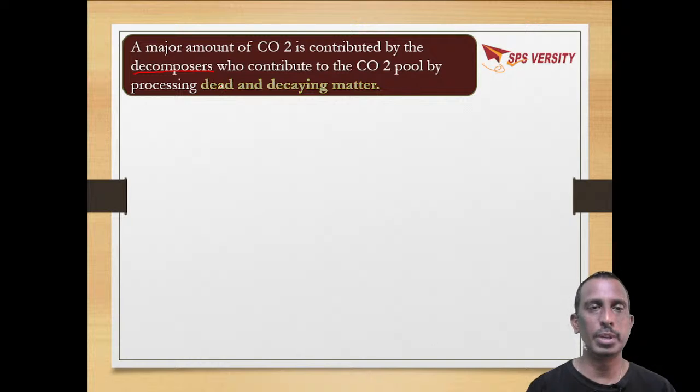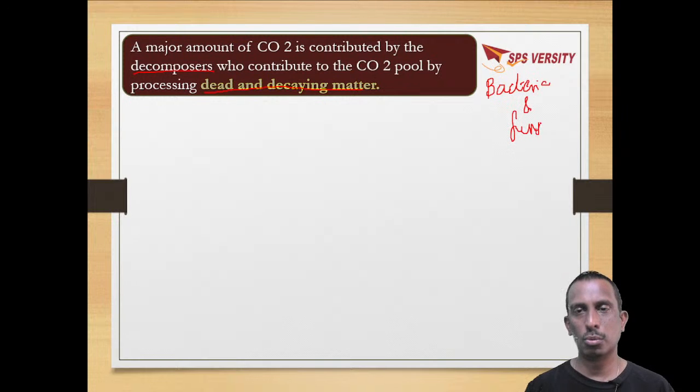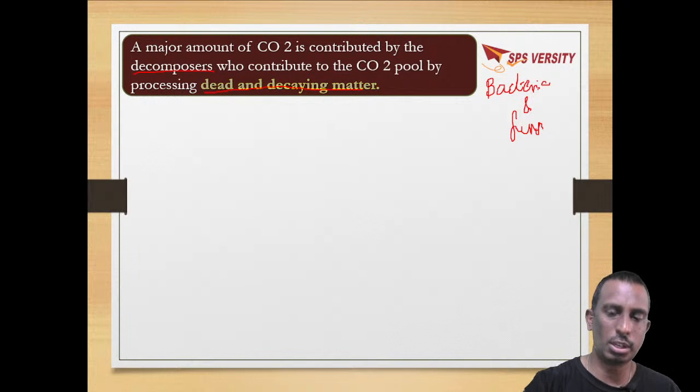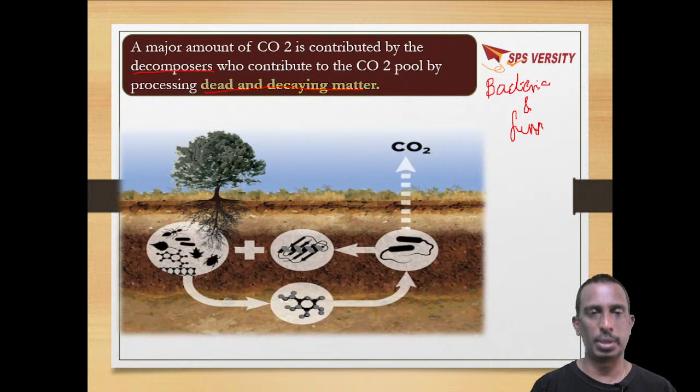Decomposition means the processing of dead and decaying matter, where there are many steps like fragmentation, leaching, catabolism, humification, mineralization. During decomposition, decomposers like bacteria and fungi play an important role. They release CO2 into the atmosphere.